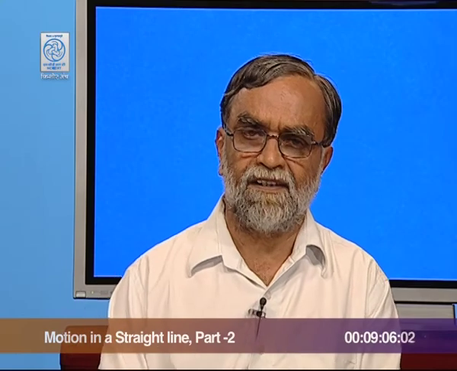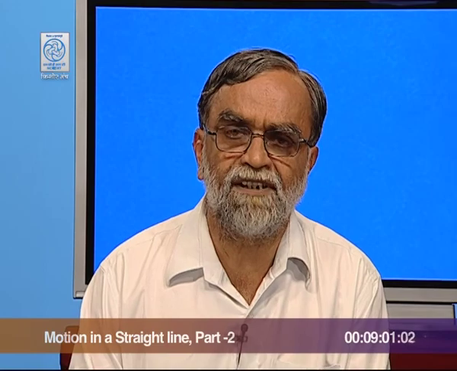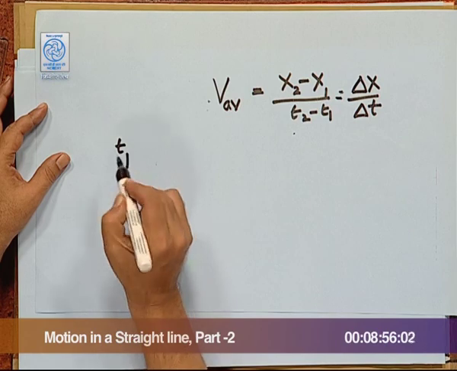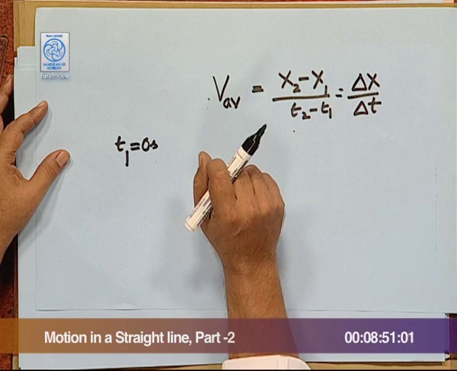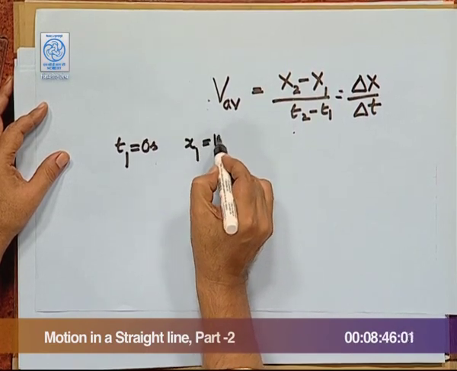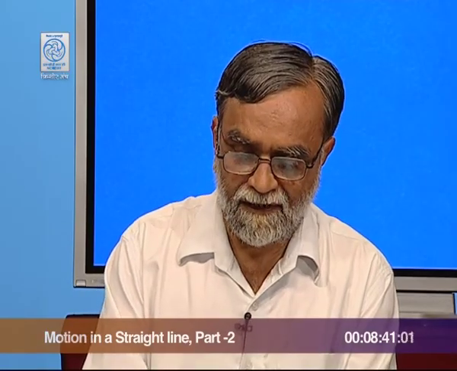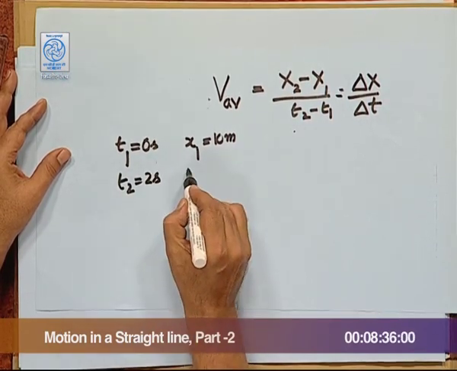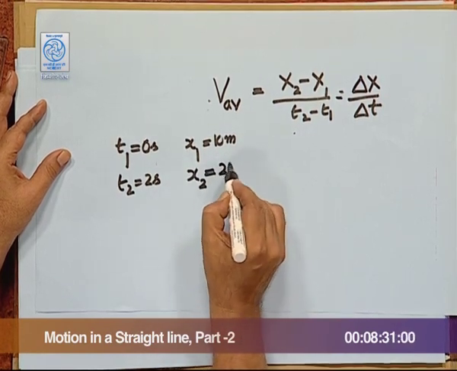Let us try to calculate how this average velocity changes at different time intervals. Let us put time t 1 as 0 seconds. At t 1 equal to 0 seconds, the position coordinate corresponding to it is 10 meters. At time t 2, which is 2 seconds, the position coordinate from the data is 20 meters.